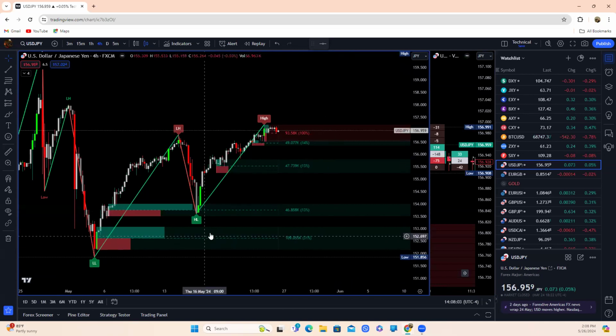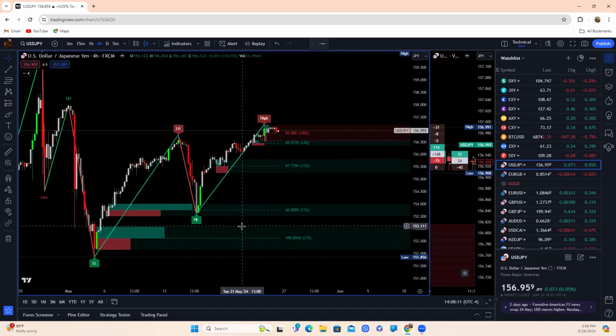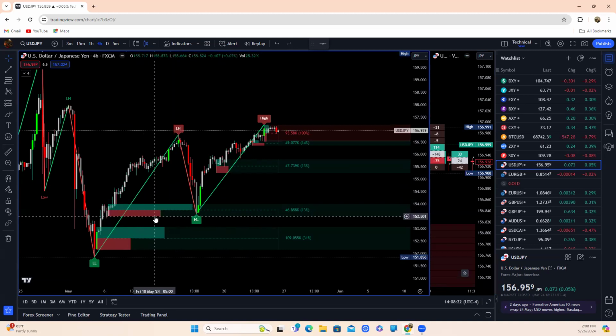But as you can see, we started having what is considered passive buyers as this market moved up, not necessarily aggressive buyers. When you see more buy volume than sell volume, those are aggressive buyers. So this order block right here was a result of aggressive buyers coming in and putting in big volume to push the market up.